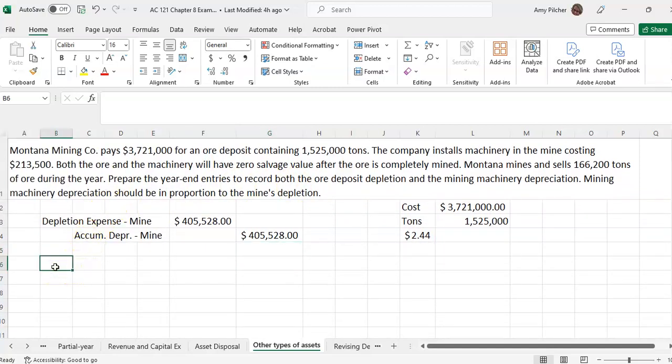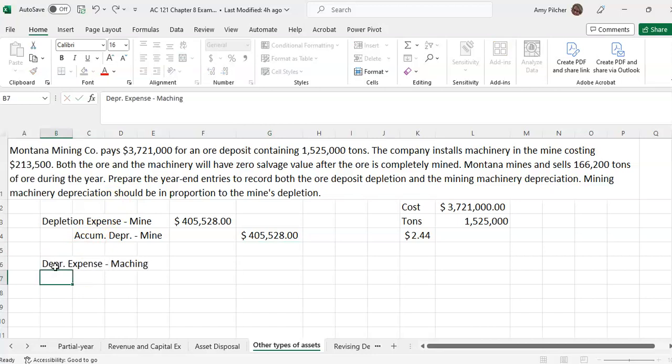Now we have the depreciation on the machine, and accumulated depreciation machine.